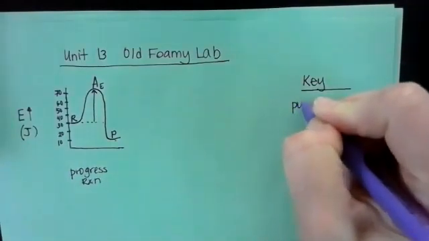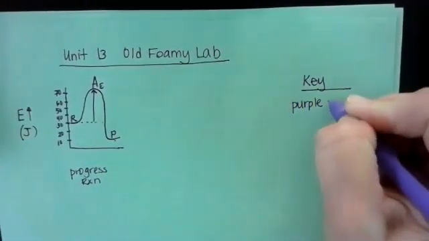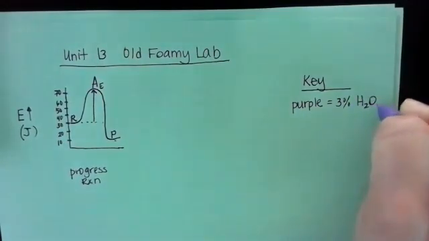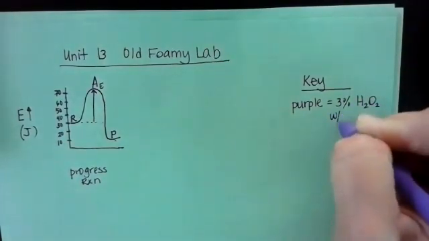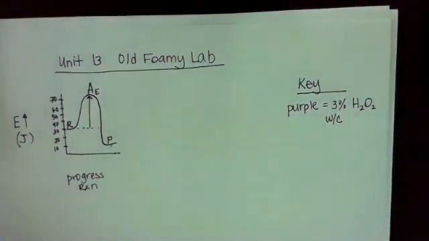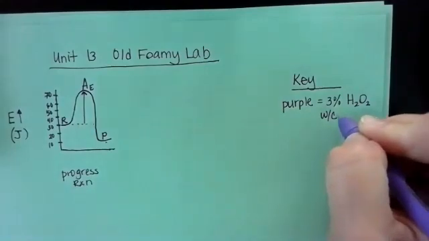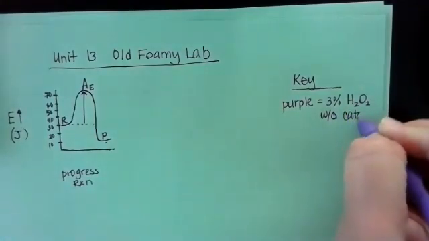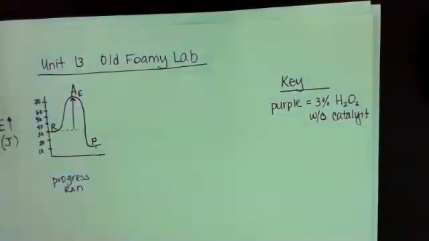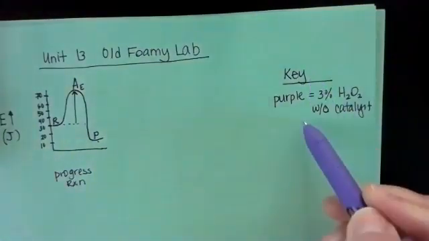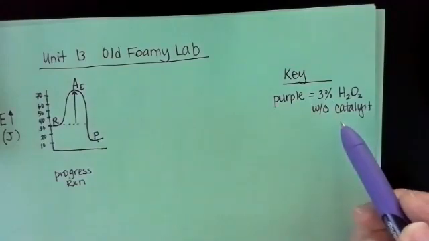So my purple is going to represent 3% hydrogen peroxide without a catalyst. Okay, so purple, I make a key. My purple is 3% hydrogen peroxide without a catalyst.